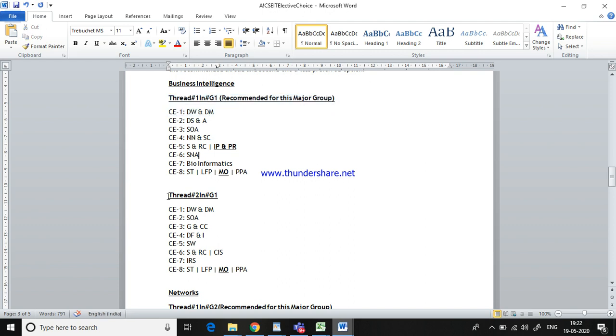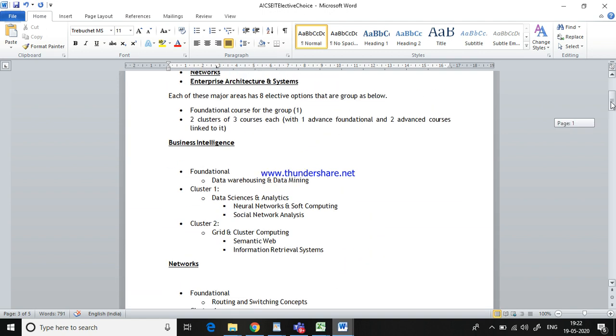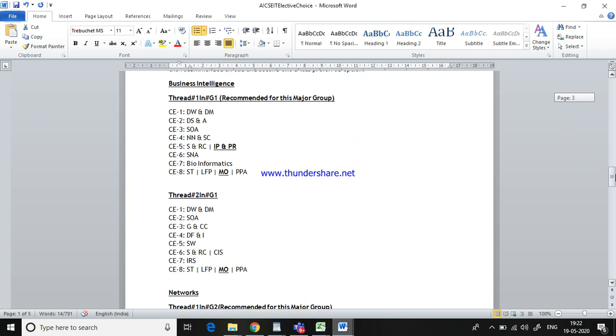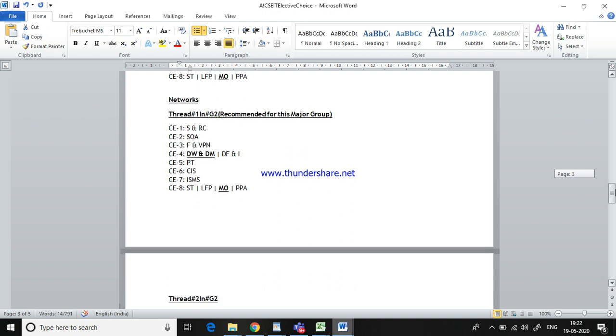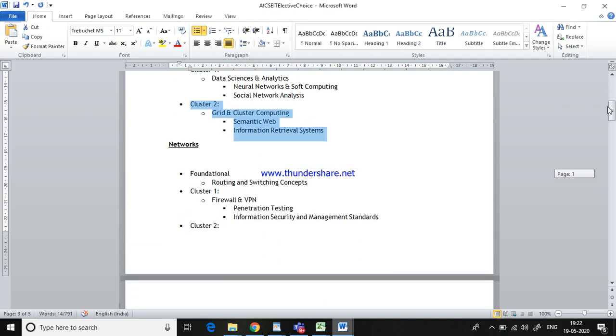Similarly, there is also thread 2 in the business intelligence group, depending on if he chooses the second cluster in the business intelligence group, which is this one. So there are 2 choices of threads in the business intelligence group. Similarly, there are 2 choices of threads in the networks group corresponding to the 2 clusters.